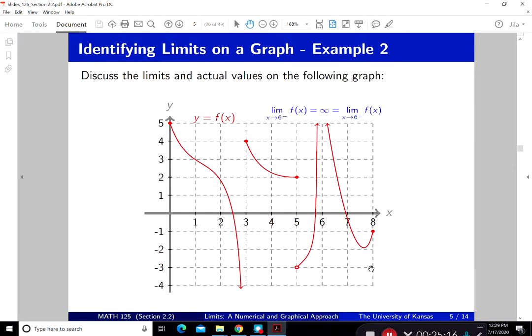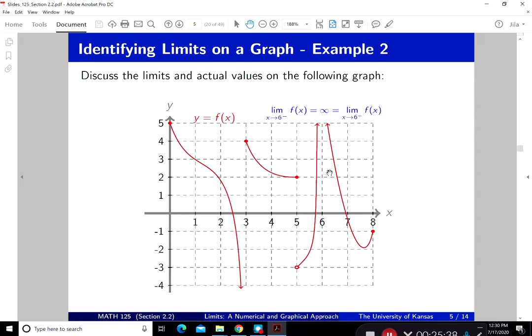And what about at x equal to 6? On both sides the limits go to infinity, and here we don't have a value of the function for x equal to 6.